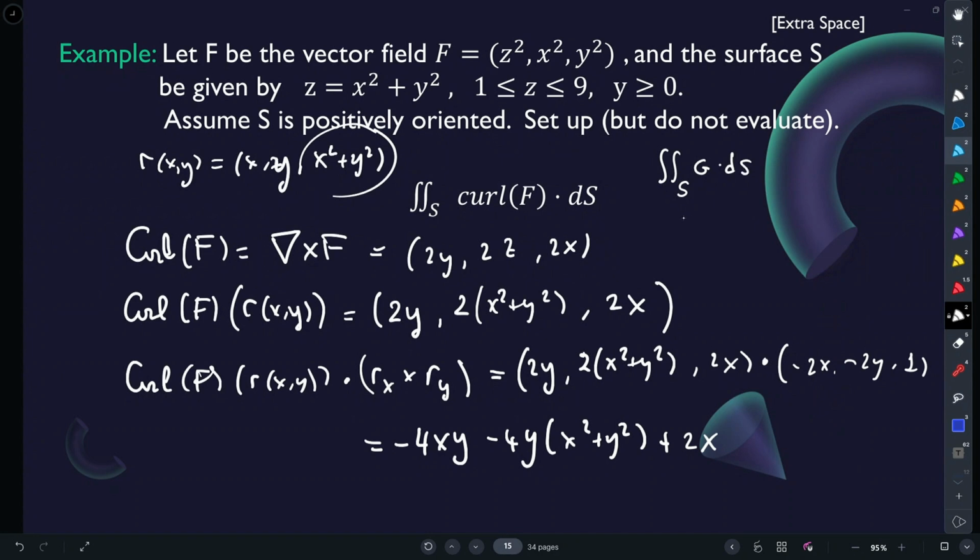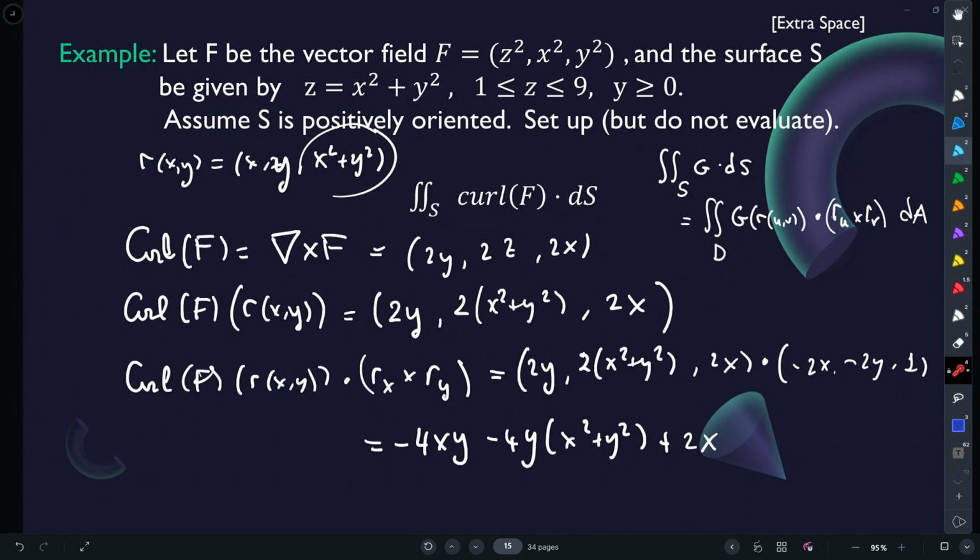The formula is going to be an integral over the domain of values for my parameterization of G evaluated at the parameterization, dot product with the cross product of the partial derivatives, dA. So that is the formula. What this means is that whatever the vector field was, I still have to evaluate it at the parameterization I got of my surface.